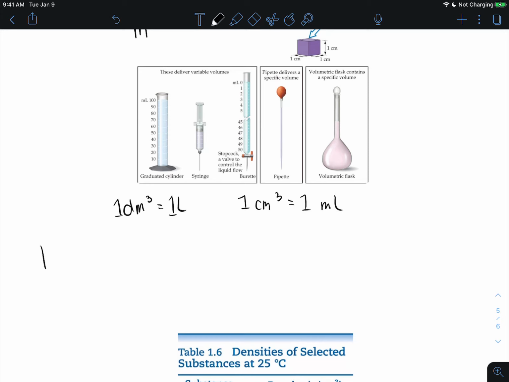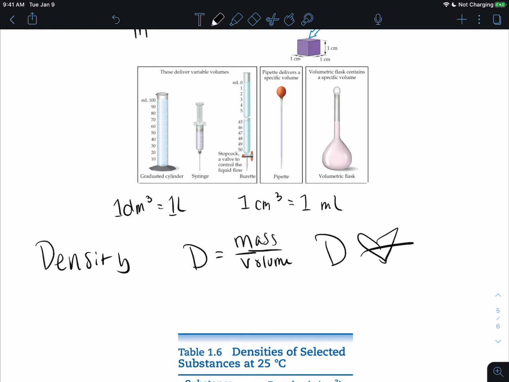Last unit we're going to look at is density. So this is the amount of mass per volume. You can kind of look at it like a little heart, mass per volume. And this also is not going to have its own SI unit.